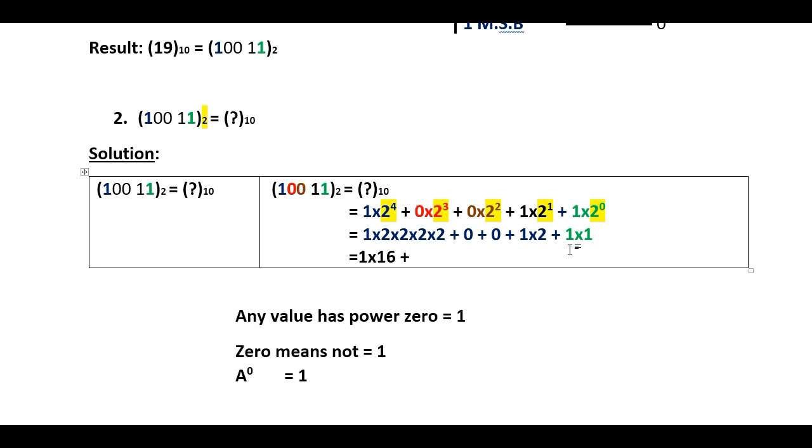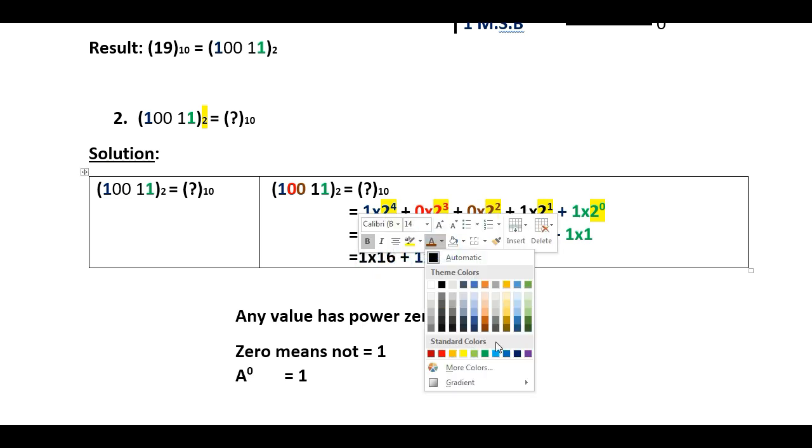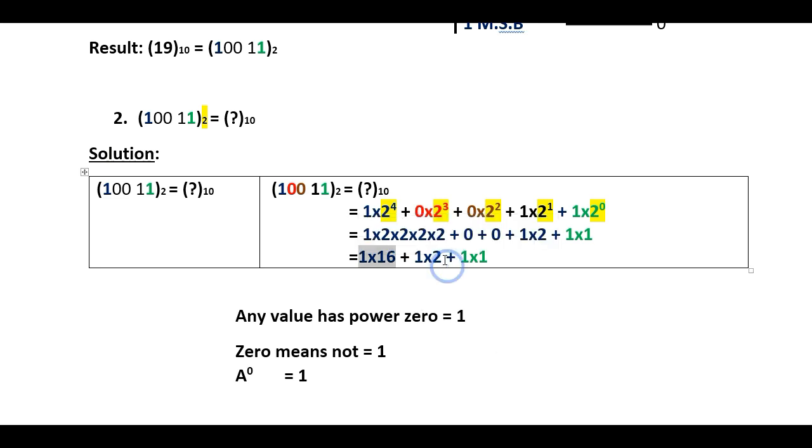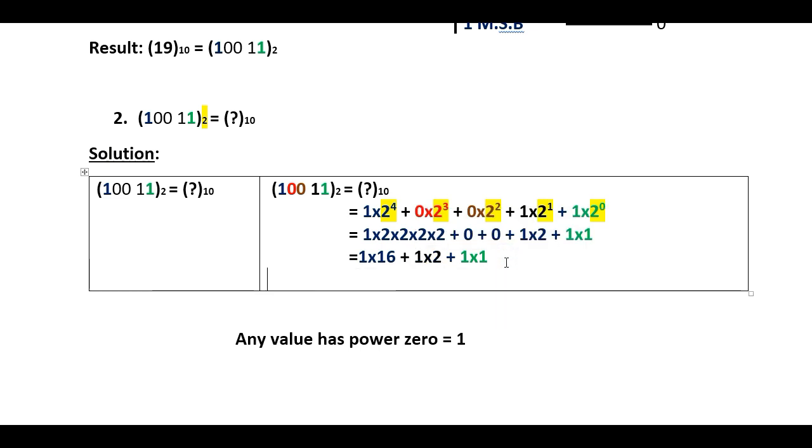1 cross 2, 1 cross 2 and 1 cross 1 are important, so I copy paste here. This is in blue color and that was in black color, for your better understanding.